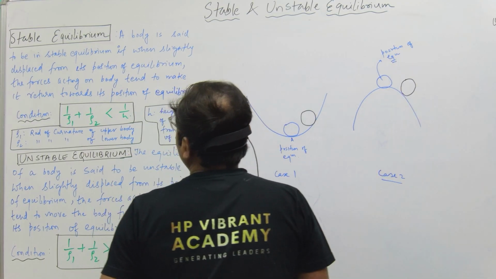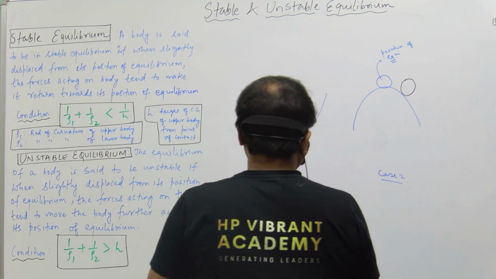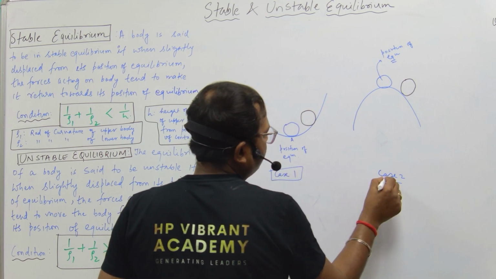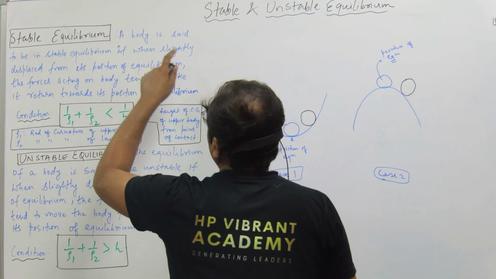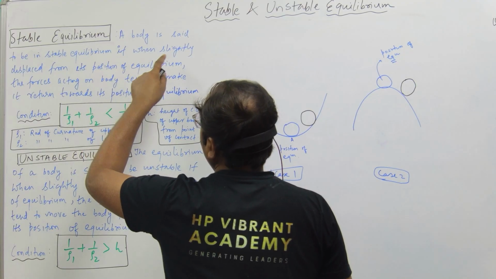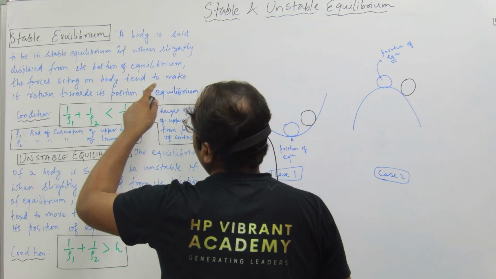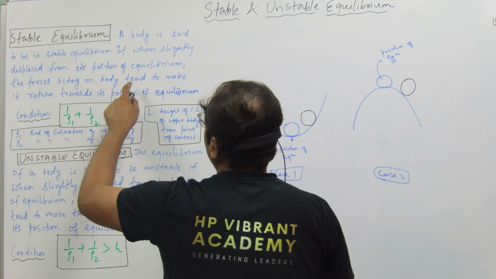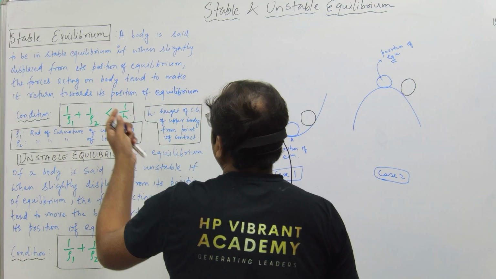Now let us read this. The body is said to be in stable equilibrium if, when slightly displaced from its position of equilibrium, the forces acting on the body tend to make it return towards the position of equilibrium.